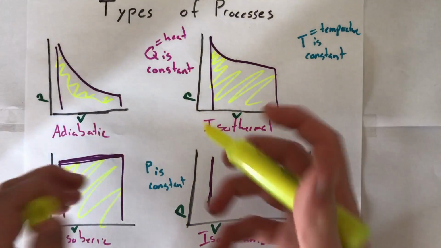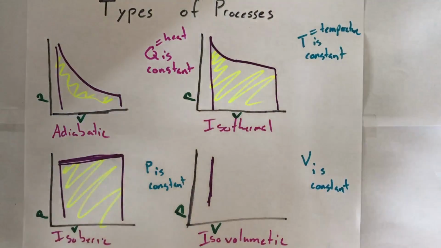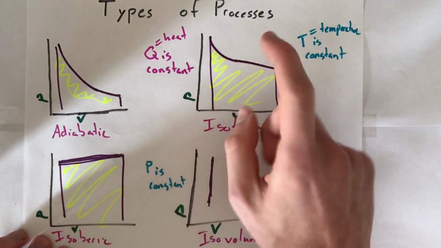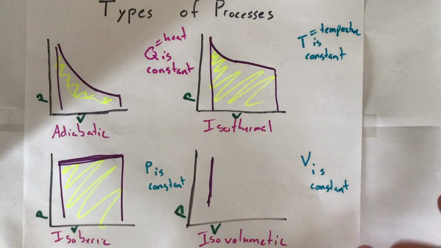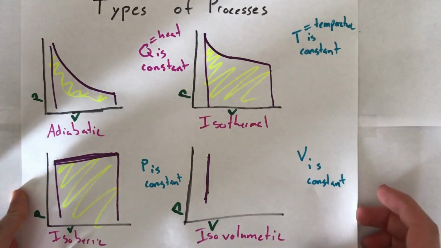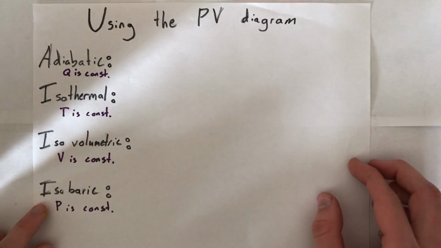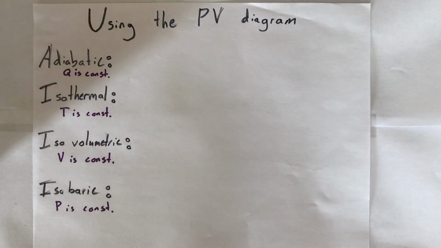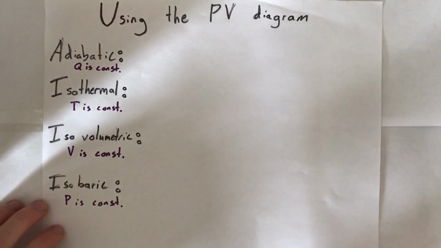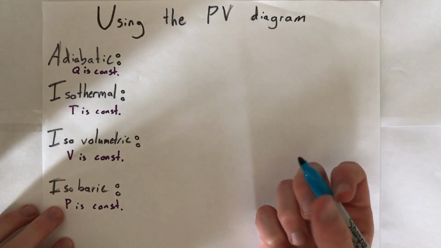But first, I want to show you guys, if you have a point on one of these, and you have all the information, and you know what type of process it is, it's generally very easy for you to switch and find a second point using that process, using these formulas. They're a little bit hard to memorize, but once you get a grasp on them, you generally do not forget them, and they prove to be very useful.